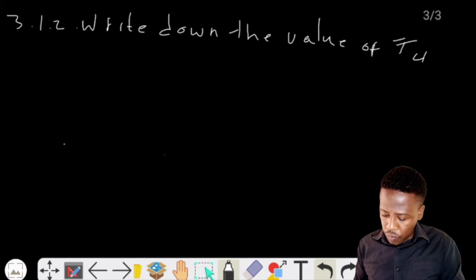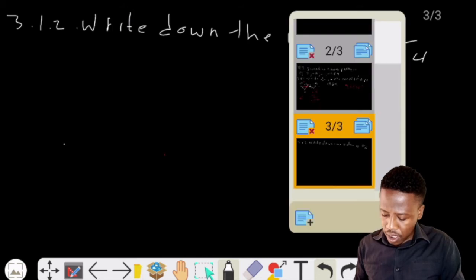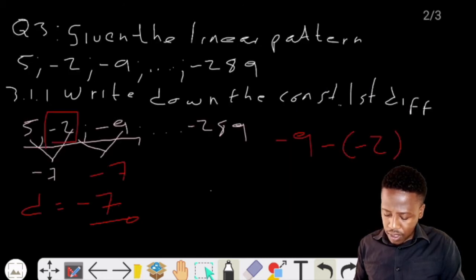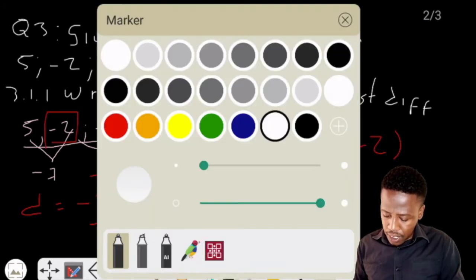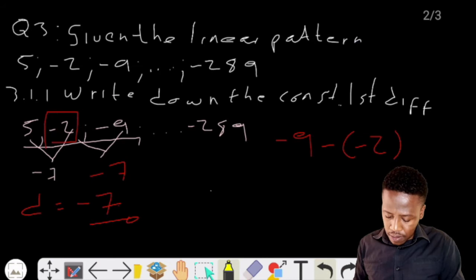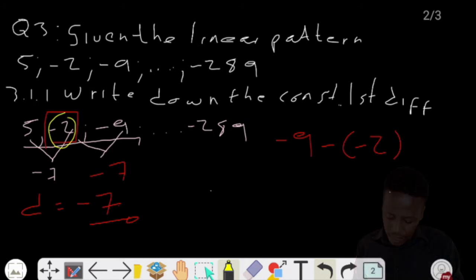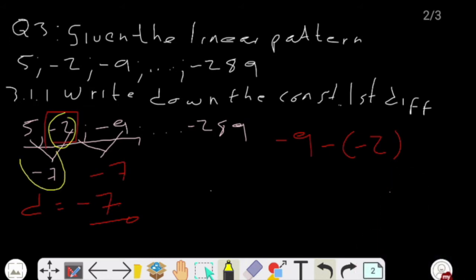Now if we go back to our sequence, and you check how you got from, let's say, 7 to negative 2, you said 7 plus 5, which is negative 2.